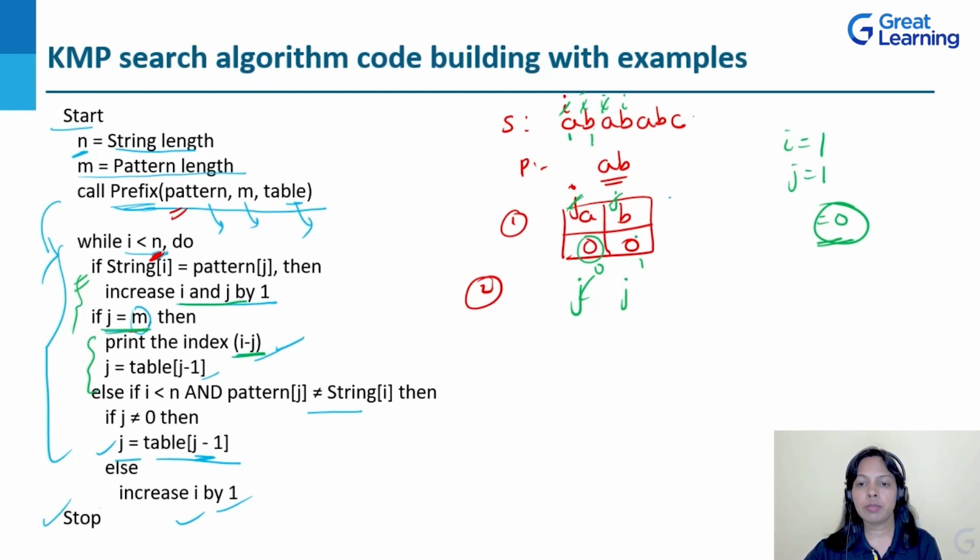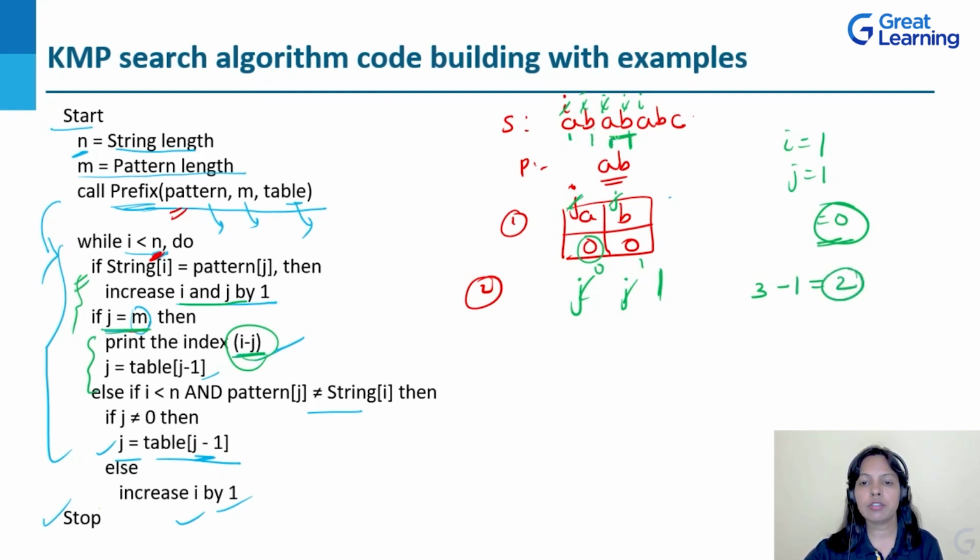Before incrementing i and j, we'll see that j has reached the end of the pattern. It means that i will be incremented, but the pattern was also found and the index will be displayed. So what will be the index value? i minus j. i is pointing here, 0, 1, 2, 3. So 3, and j is pointing at 1. So 3 minus 1 is 2.